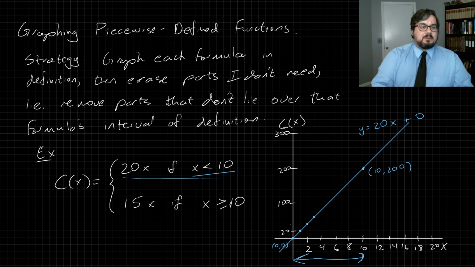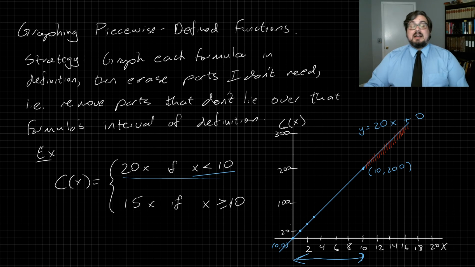So that means that we're going to eliminate all of the parts of the graph that lie to the right of that. Now, furthermore, we want to replace this point here with either an open circle or a closed circle, depending on whether the function actually takes the value 10 comma 200 or not.